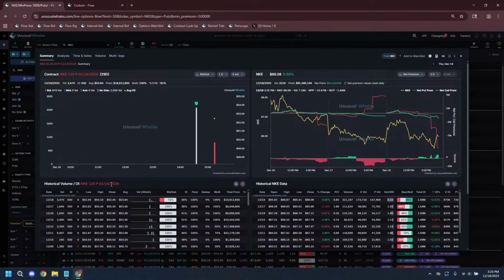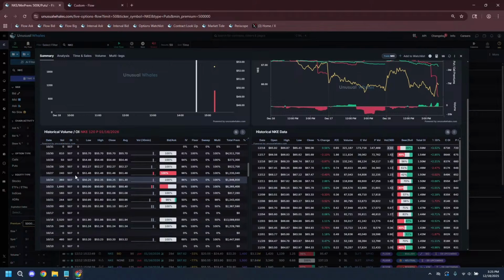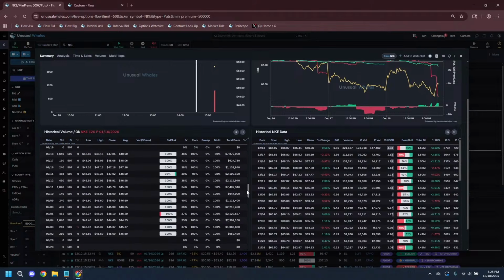So yeah, the 120 put expiring on January 16th, they've been at this for a little bit now. This is the volume column, 6,100 contracts traded here. No change in open interest. Just never really any change in open interest, even though there's trading in millions in the premiums. They did it a little bit further ago here in September as well.